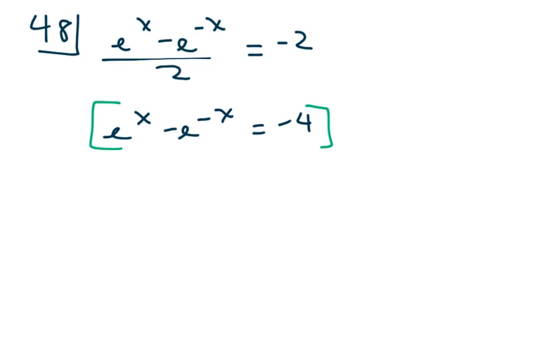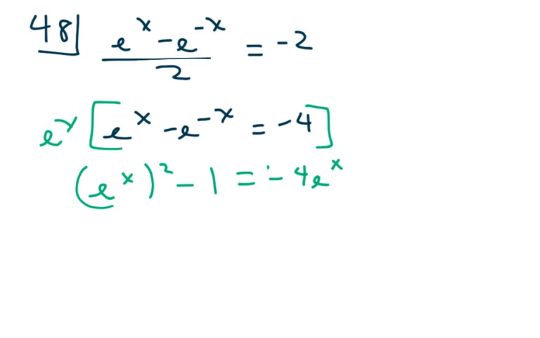Multiply through by e to the x. So basically we're going to get e to the x squared minus 1, okay, I'm going to go ahead and not skip that step, equals negative 4e to the x.